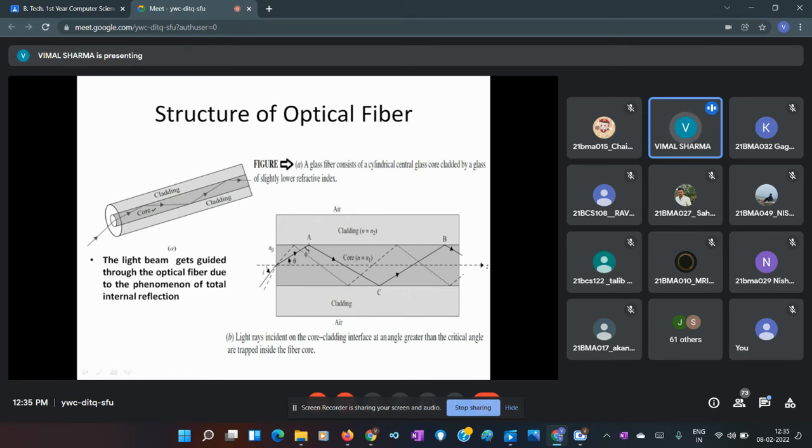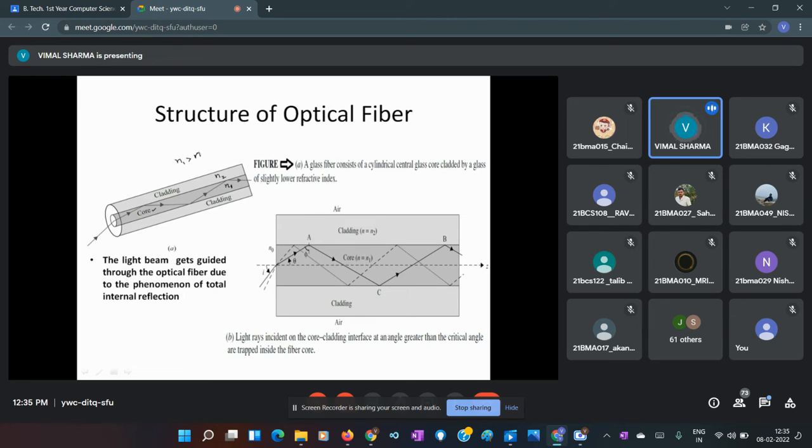So we have the inner part of this optical fiber, cylindrical in shape, and the refractive index of this inner part is N1. We denote it generally by N1, and the outer cylindrical part of this optical fiber has refractive index N2, and N1 is always greater than N2.